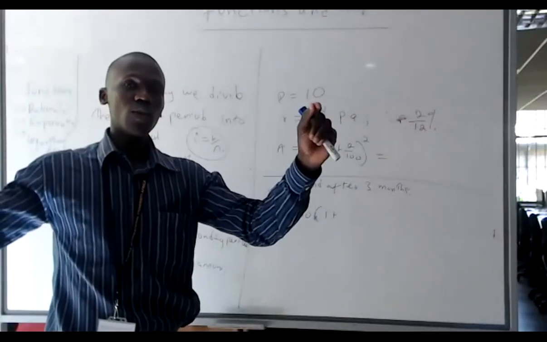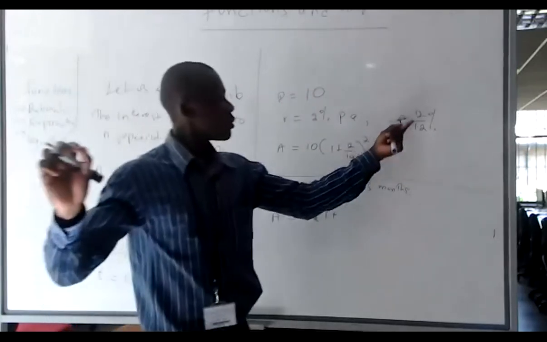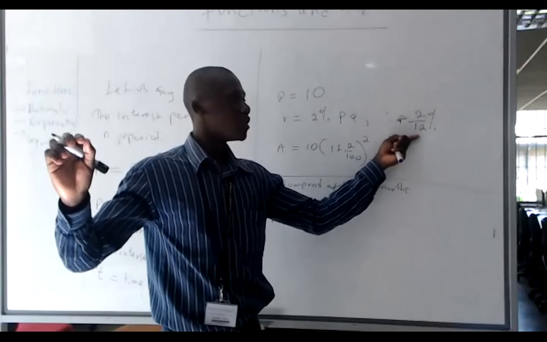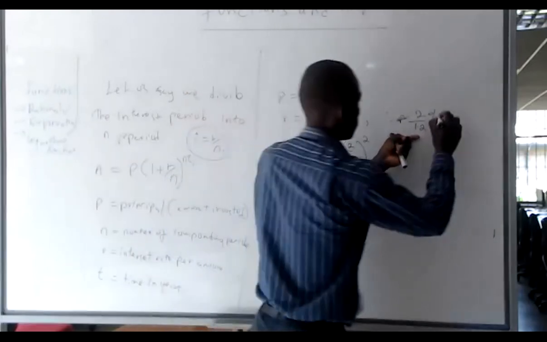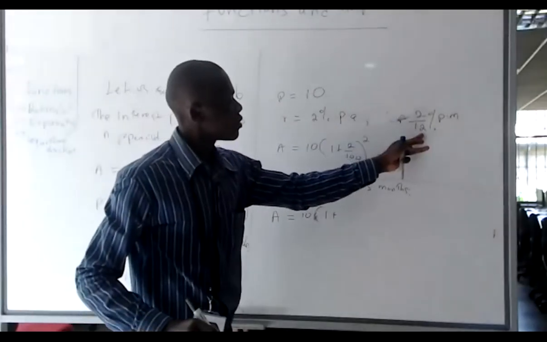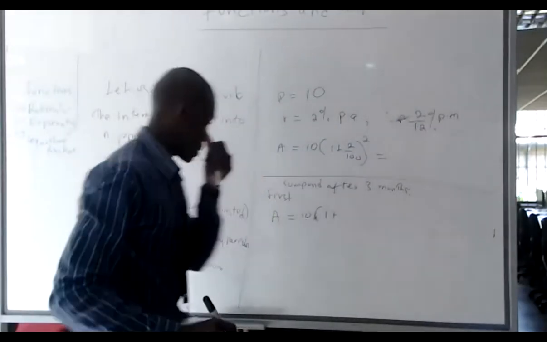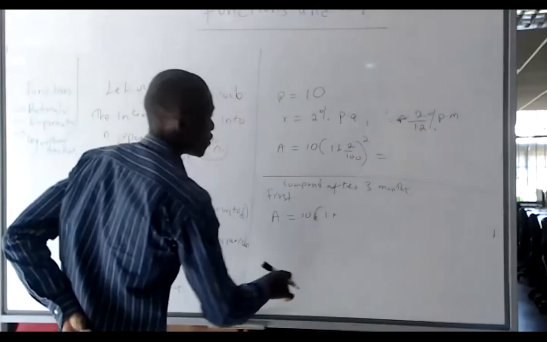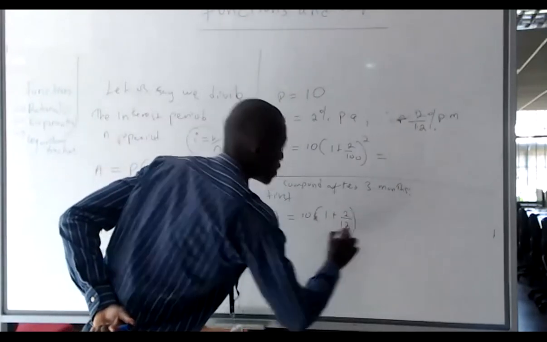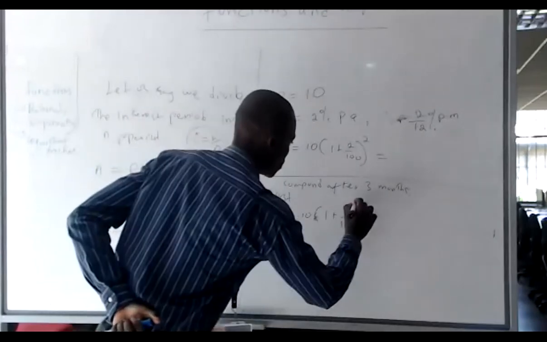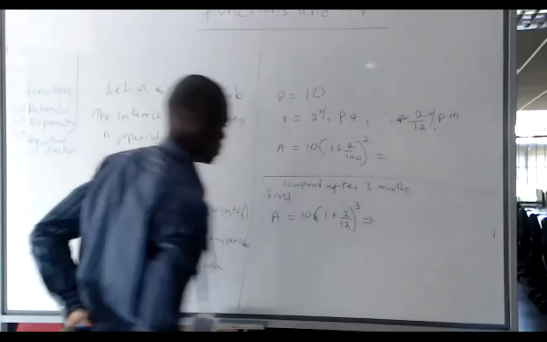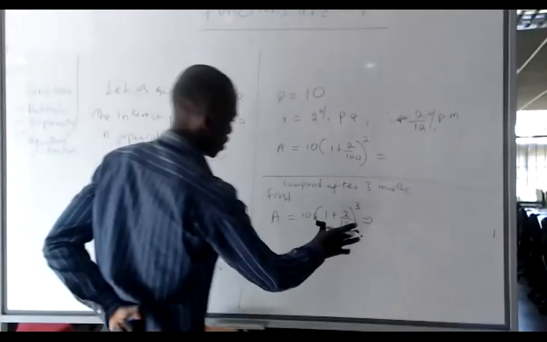So if in 1 year you earn 2%, in 1 month, you divide by 12, the number of months in a year. So if I'm doing for the first 3 months, I should take 2 divided by 12. That is for 1 month, but then I'm dealing with 3 months. So just work out what this will give.